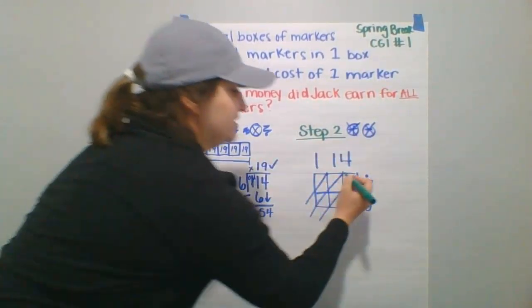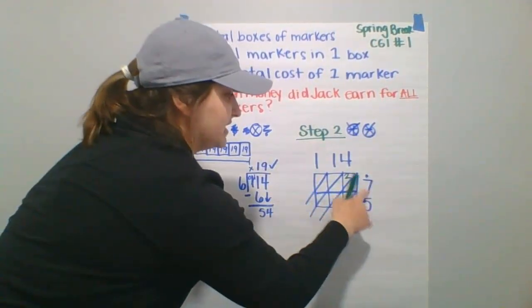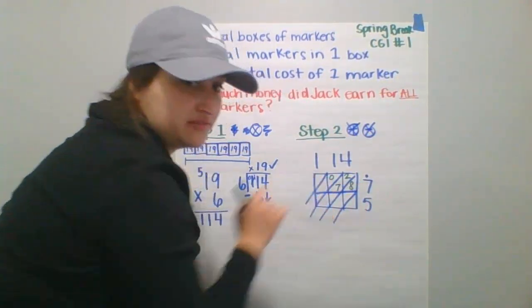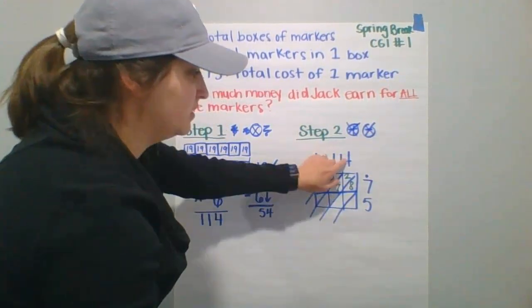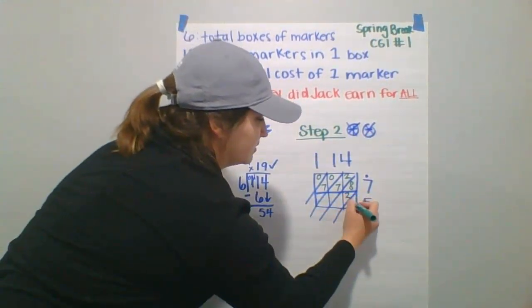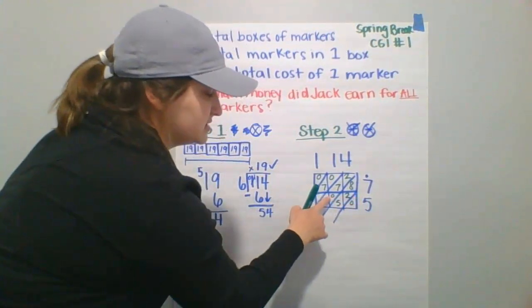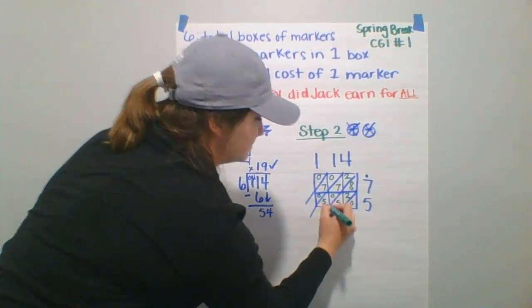4 times 7 is 28. 7 times 1 is 7, so 0 tens, 7 ones. 7 times 1 is 7. 4 times 5 is 20. 5 times 1 is 5. Remember that 0 tens, 5 ones. Same with this one. 5 times 1 is 5.